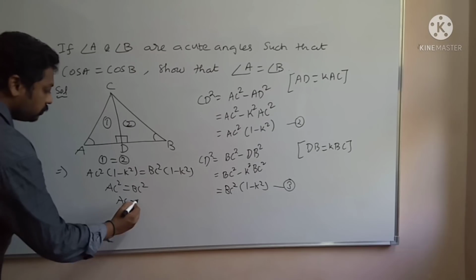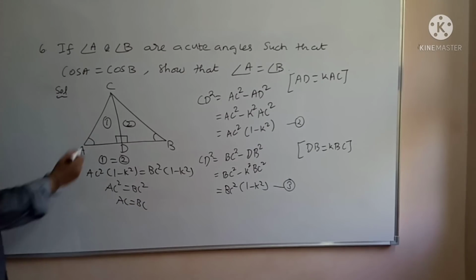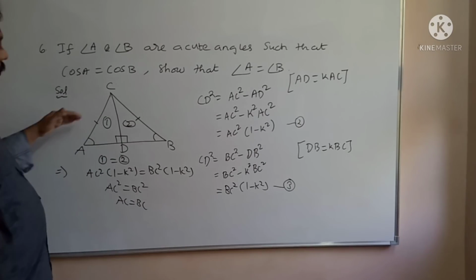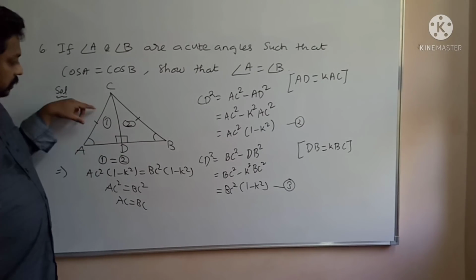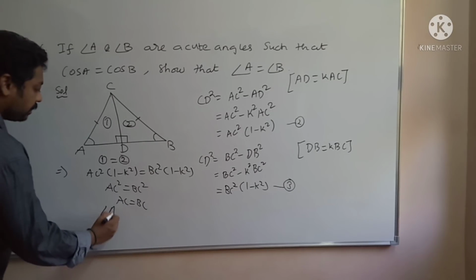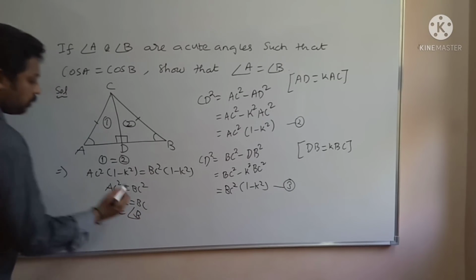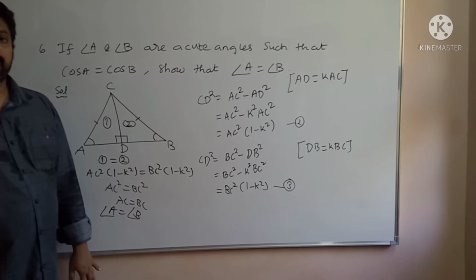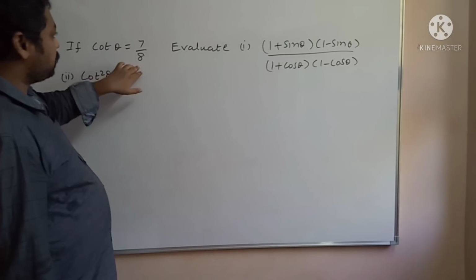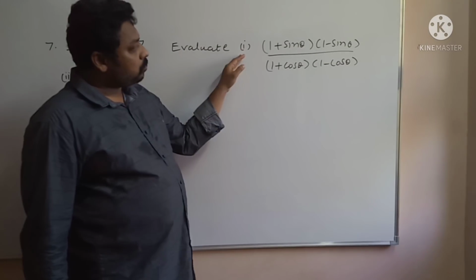So AC equal to BC. So what we got? AC is equal to BC in triangle ABC. So we know angles opposite to the equal sides are equal, right? So therefore I can write angle A is equal to angle B. Hence proved.